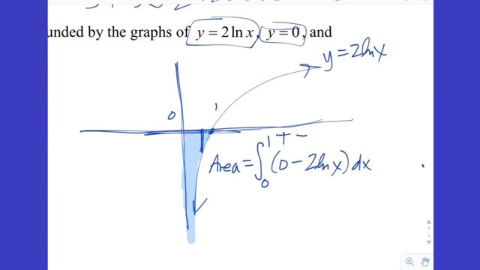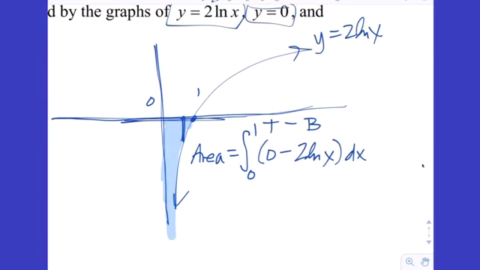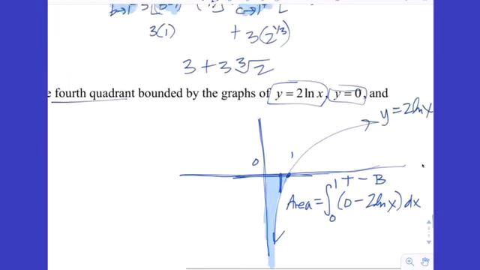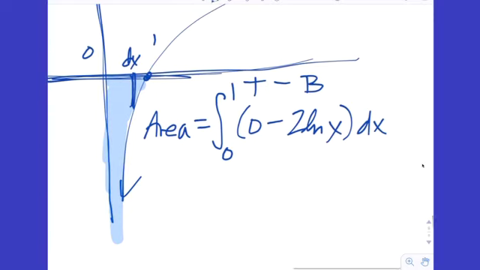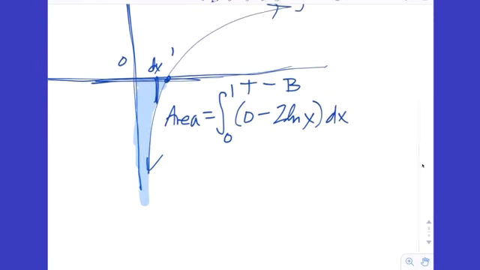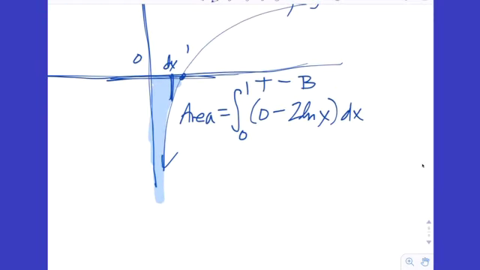So that was kind of tricky. Top minus bottom. I'm slicing it vertically, so it's dx. So you don't want the negative out there? You could do that.